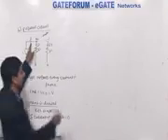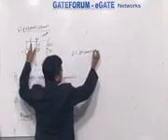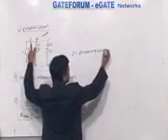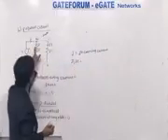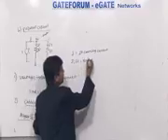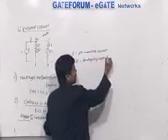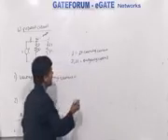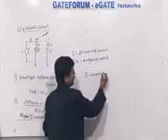I will consider I is incoming current. Now, I1 and I2, these are outgoing currents. So, I can say that summation of current is equal to 0.